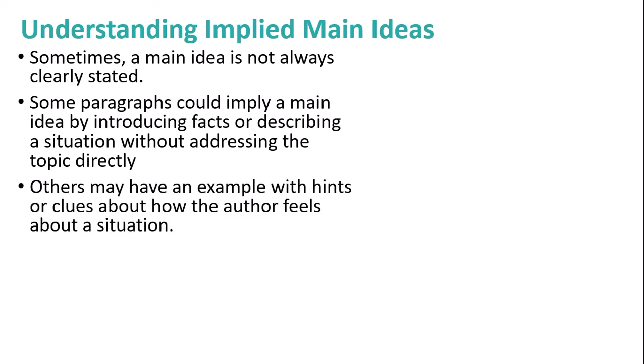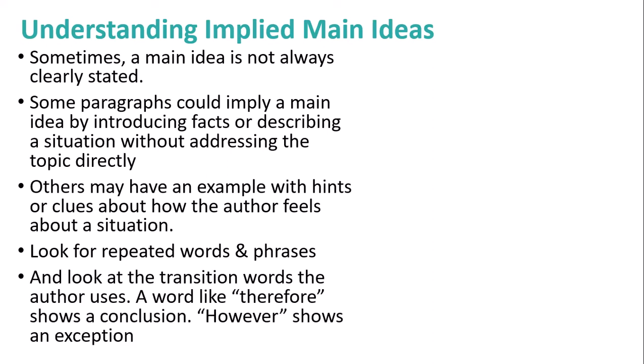Others may have an example that hints at or clues in the reader about how the author feels about a situation. Look also for repeated words and phrases. And look at the transition words an author uses. A word like therefore shows a conclusion. A word like however shows exception.